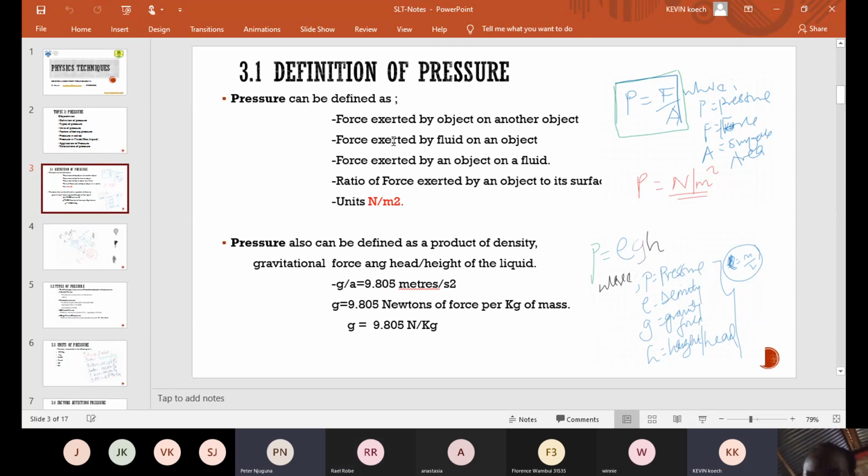So the first one was object to object. Number two, it's a fluid on an object, maybe a fluid on a container. Another one was an object on an object. It can be a block placed on a table. And the third one is force exerted by an object on a fluid.